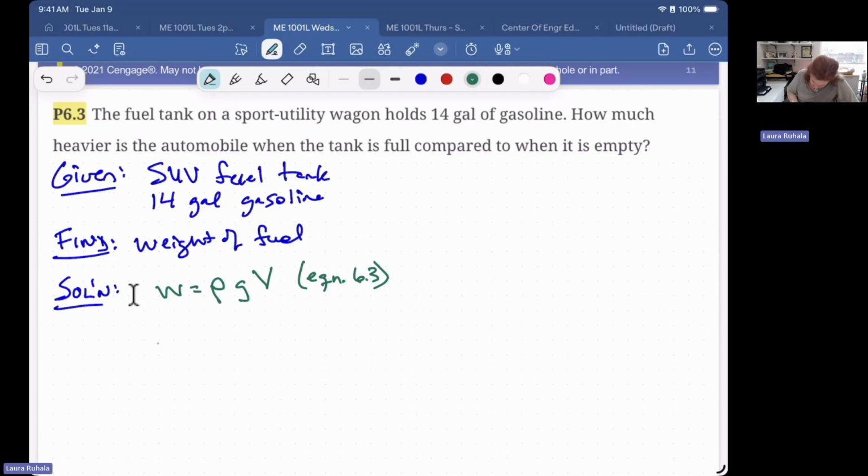The density, if we look up in our textbook, is 1.32 slug per cubic feet, because this is a customary unit problem. This is in table 6.1.